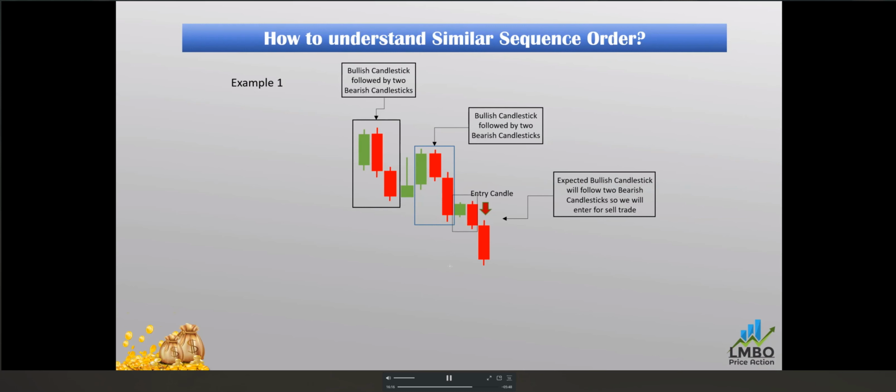Like here, the last green, two red, plus one red. That is a little random. 50% there is a similarity, and 50% there is a random point. But we will expect that the next time sellers enter the market, we will follow the sellers. So here are the examples of this one that I'm going to identify.